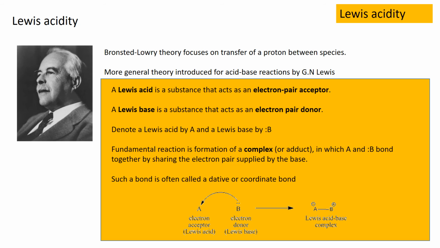The Lewis theory of acidity was developed by G.N. Lewis, and it's a far more all-encompassing definition of an acid and a base. And Lewis defined a Lewis acid as a substance that accepts an electron pair, and a Lewis base as a substance that donates an electron pair.